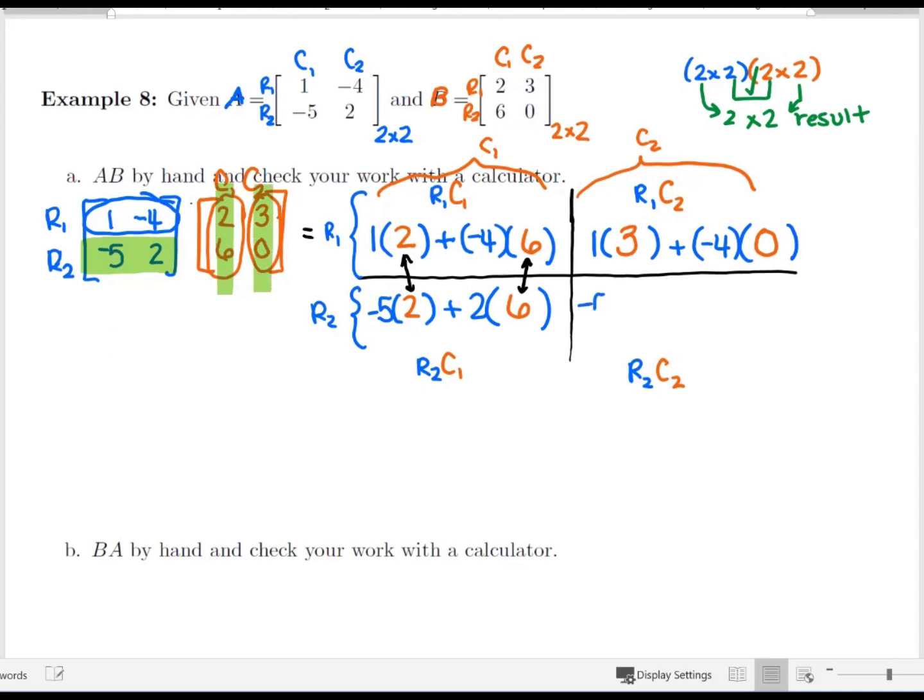So we're going to have -5 times 3, because 3 came first in the second column, plus because it's always plus. Next number in our blue row is 2, and we need to multiply that by the last number in column 2, which is 0. And again, you can double check that they lined up.